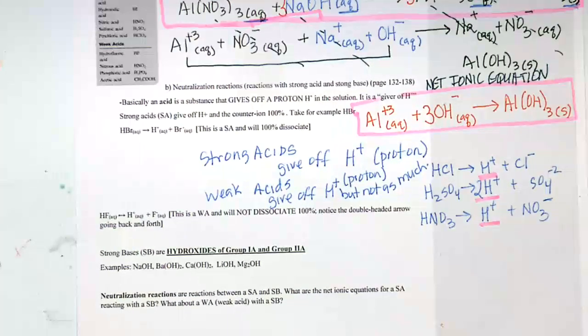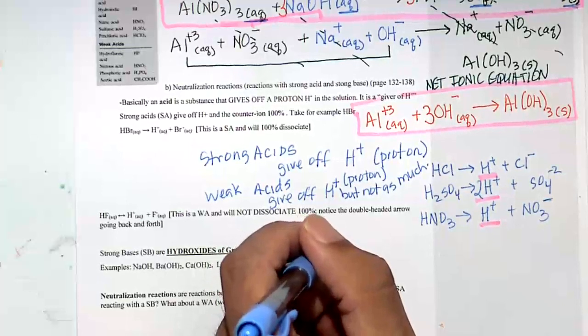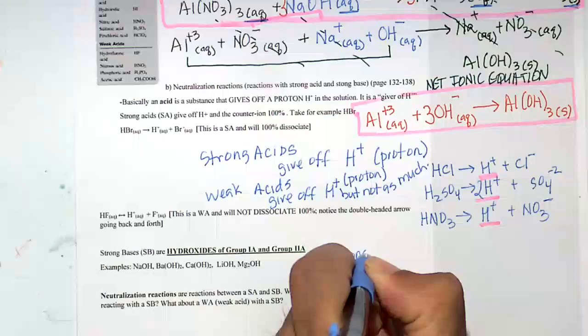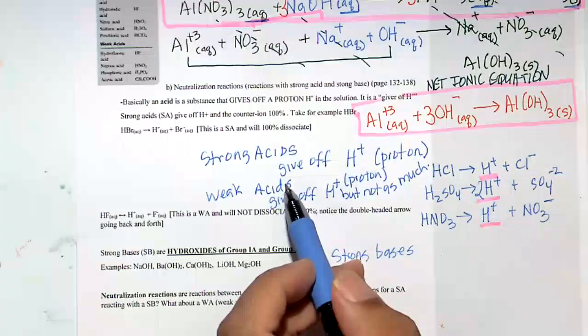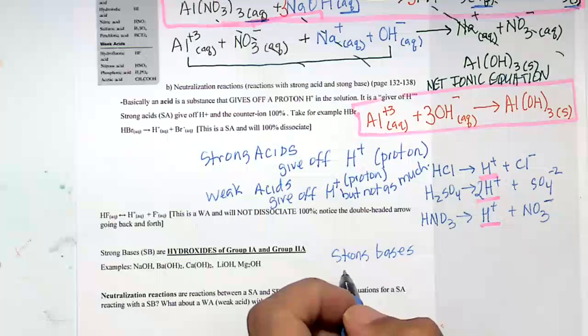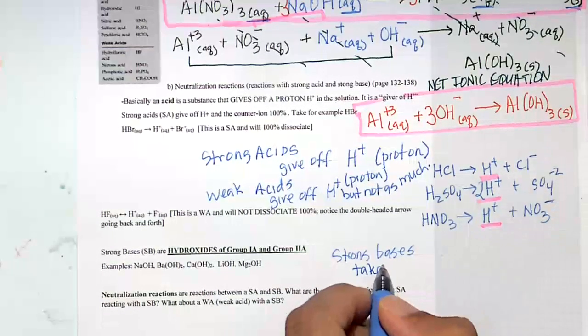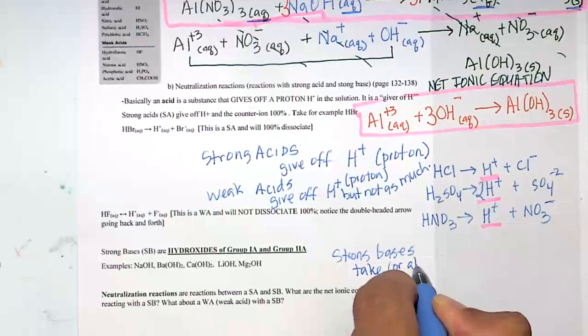Like I said, we'll talk about this in Gen Chem 2. And then on the other side of the ledger, we have our strong bases. Okay, while strong acids give off H+, strong bases take the H+ proton. Take, or they grab, or they abstract the H+.